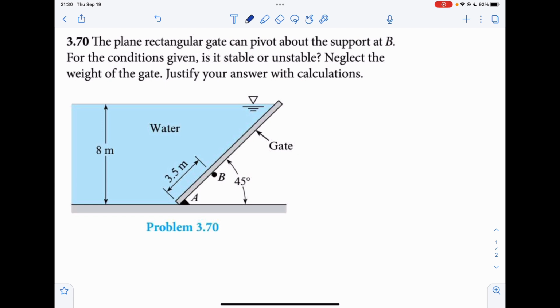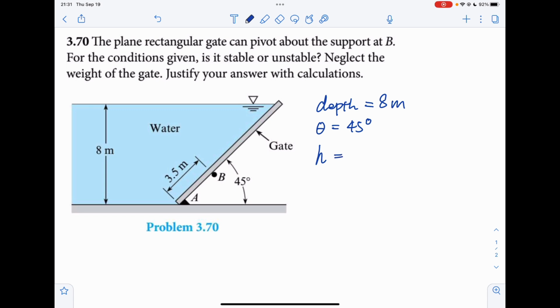The first thing we need to do is to find the centroid of the plate. Before that, we need to know the length of the gate first. So we have depth equal to 8 meters, and we have an angle theta which is 45 degrees. Now we need to find the length of the gate, which will be h.